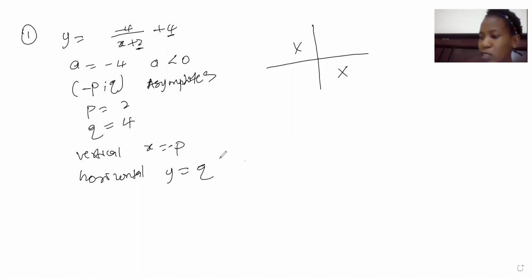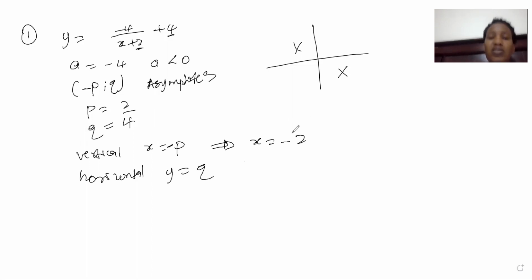So x is equal to negative p. Therefore, p is 2, so x is negative 2. And y is q, so that equation of a line is y equals 4.